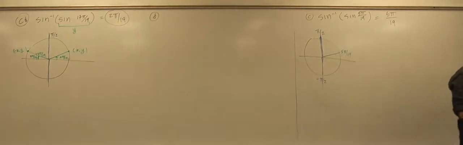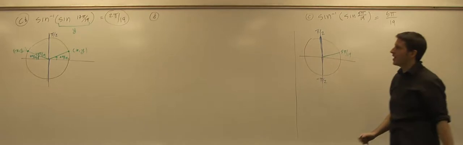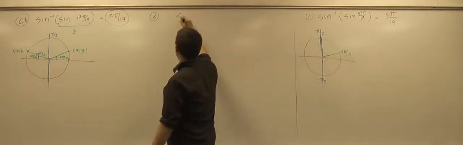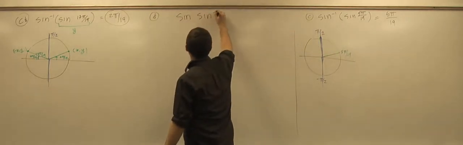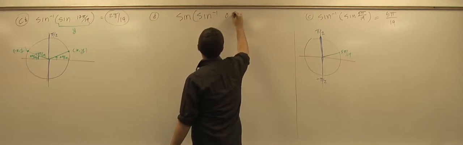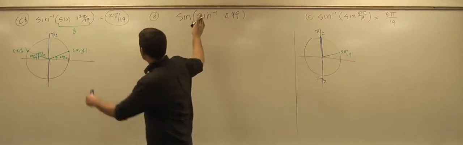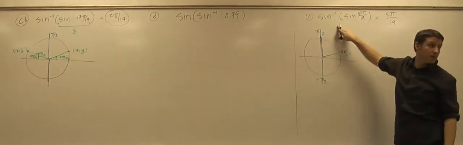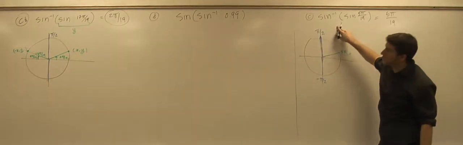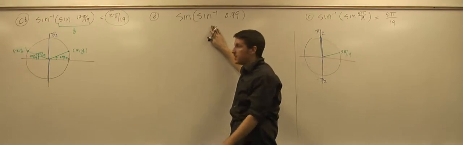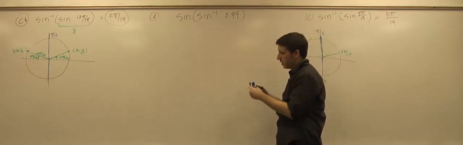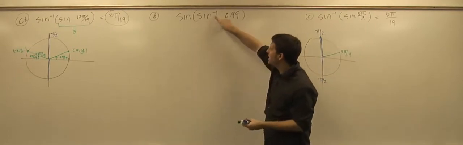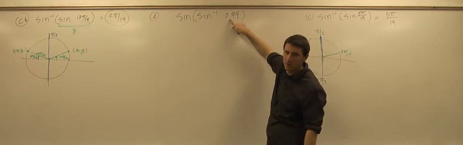So sine of sine inverse of 0.99. What's changed between one of these examples and one of these examples? The order, right? Now the inverse is on the inside. If the inverse is on the inside, that means this isn't an angle anymore.